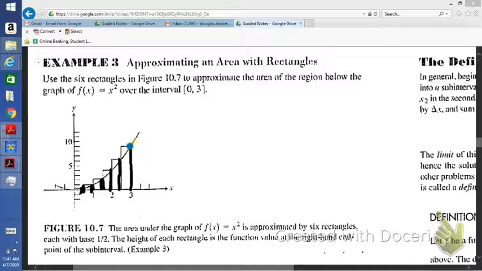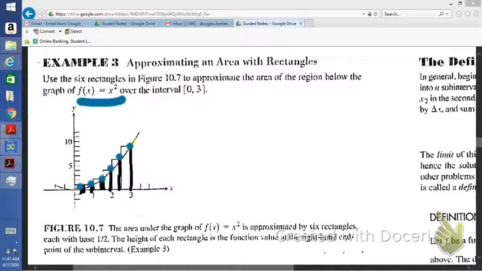So we would want to know what these heights are. In order to do that, we're going to plug our x coordinate into our function to get what our y coordinate is at that point.